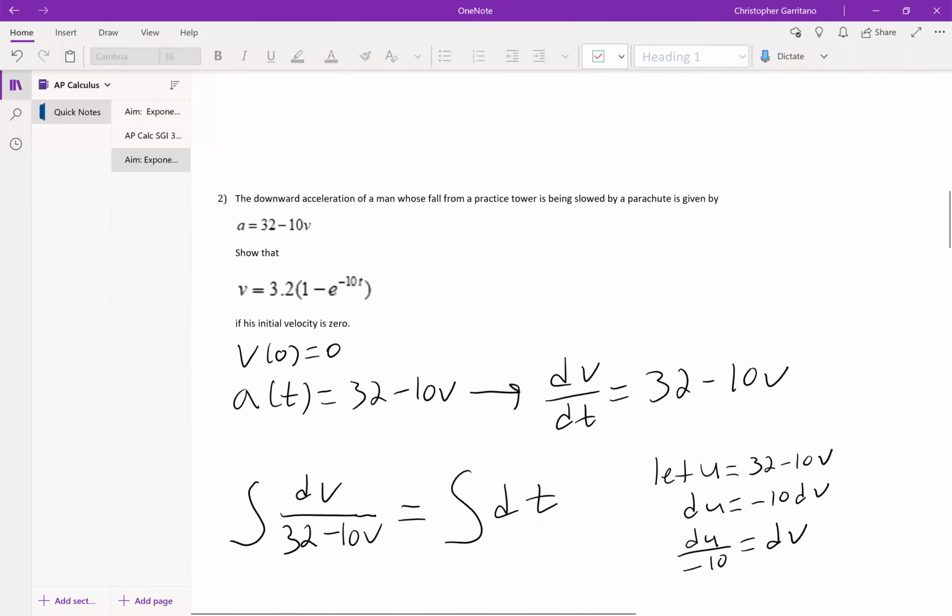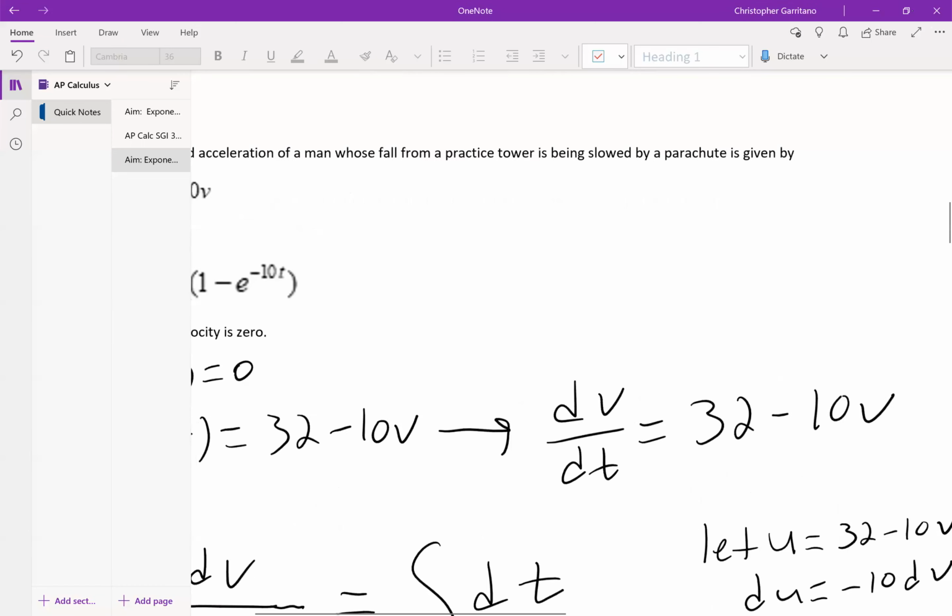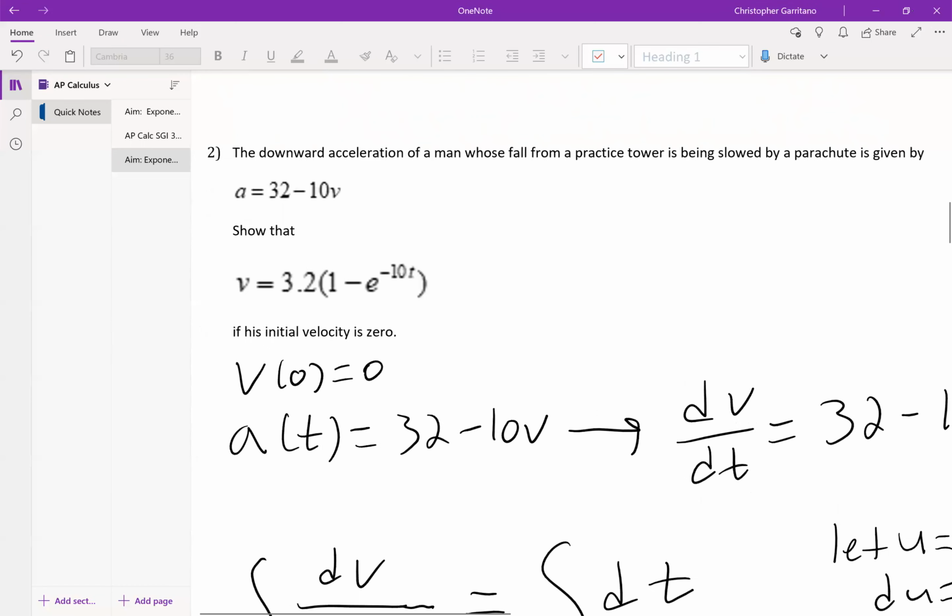All right, so we have this second problem, which says the downward acceleration of a man whose fall from a practice tower is being slowed by a parachute. And that acceleration is given by a equals 32 minus 10v. So that's an acceleration function at any given point in time.